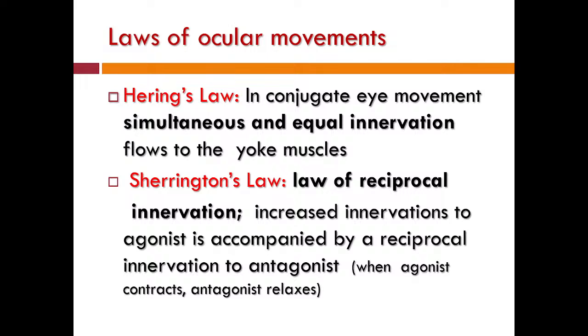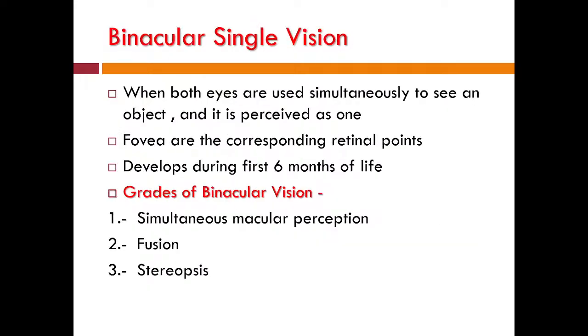Or if any muscle is overacting because of Hering's law. If impulses are flowing to the synergistic muscle, then the patient may have an overaction of that muscle because of Hering's law.